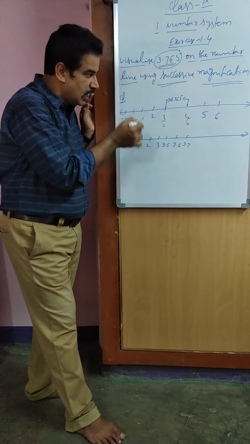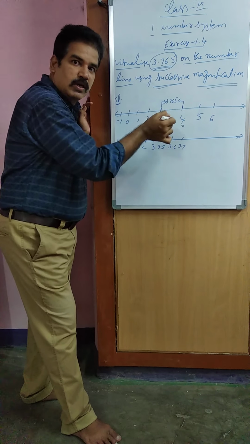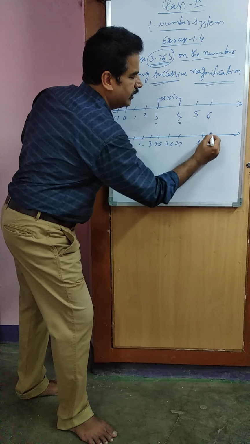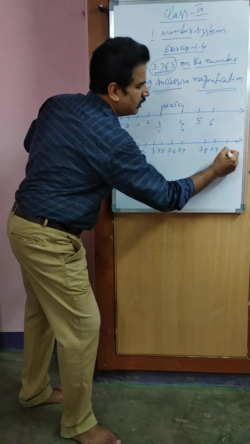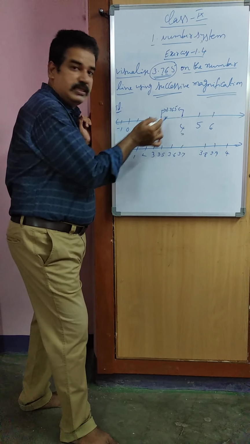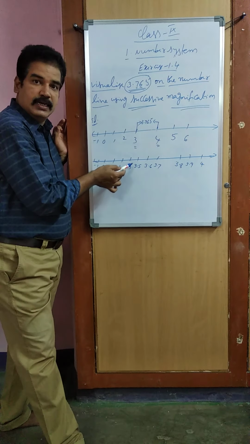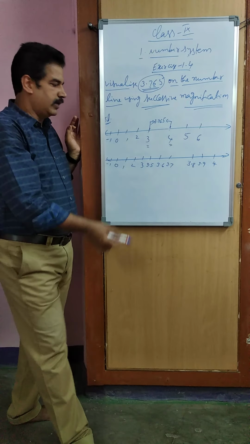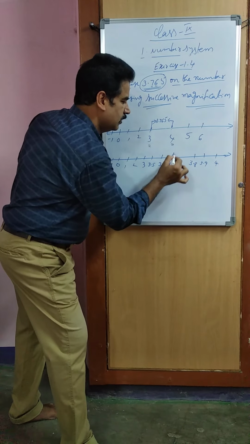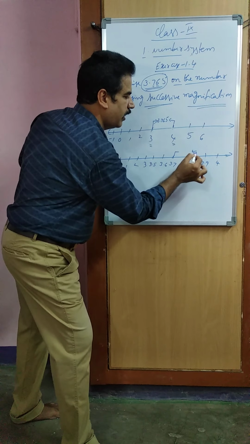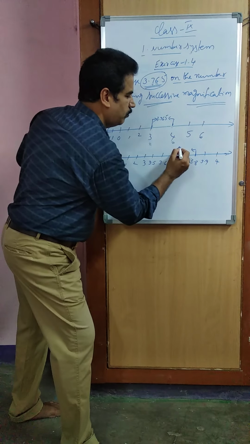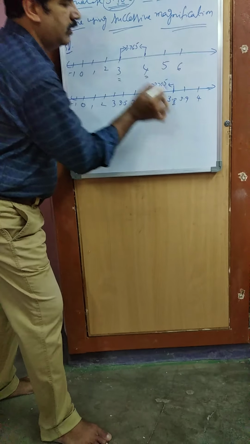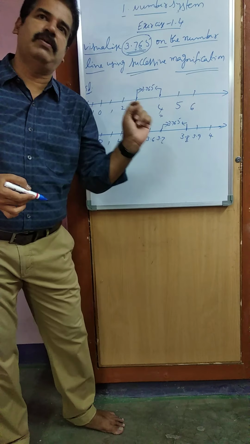We are magnifying, which means we are searching for the number on the number line. We are going 3.7 and then 3.8, 3.9. Next 4. First we changed between 3 and 4. Now it is 3, 3.5, 3.6, 3.7, 3.8, 3.9. So it lies between 3.7 and 3.8. So 3.765 lies between 3.7 and 3.8.